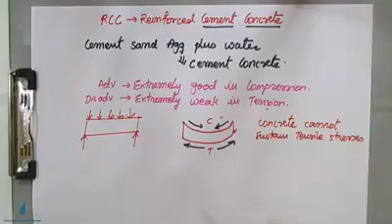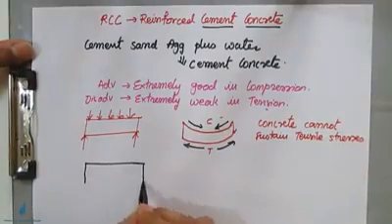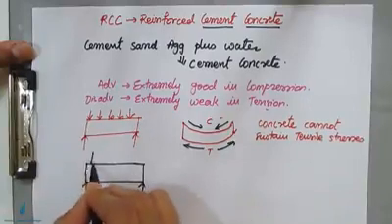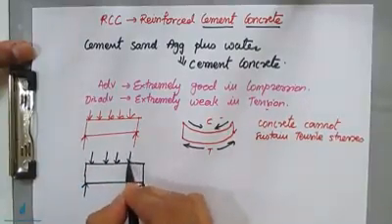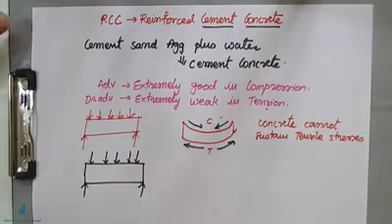Now again we'll take one example of a beam which is simply supported, undergoing the same amount of load. Now I will take one more material which is good in tension, and the material which comes to mind is steel.